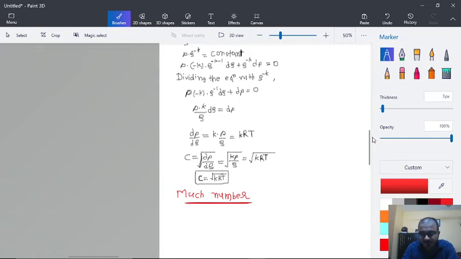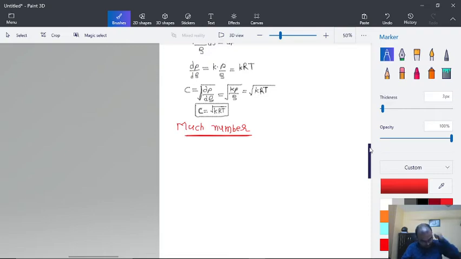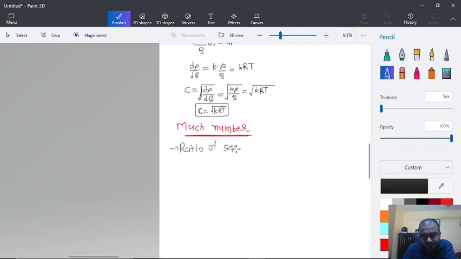So let's begin this part. Mach number is defined as the ratio of the square root of inertia force to elastic force.